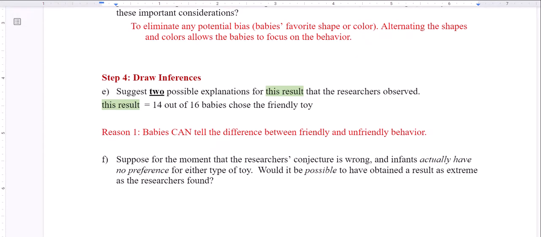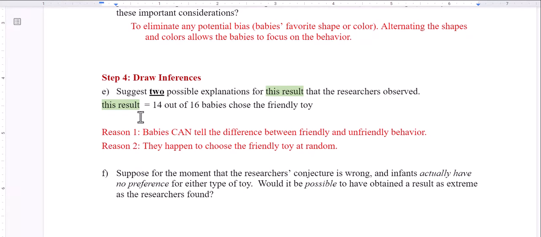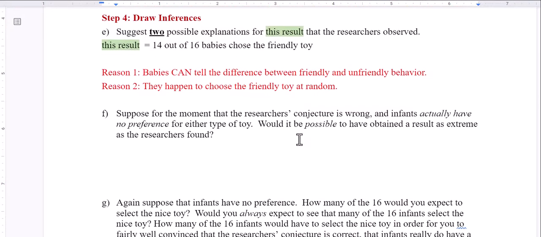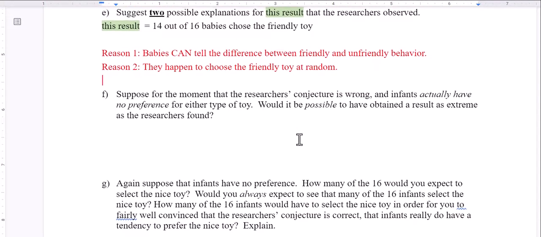What could be another reason that they are choosing the friendly toy? One of the things that could be happening is they're just guessing. So reason two, they happen to choose the friendly toy at random. They just pick a shape, not really based on whether it was friendly or not. So those could be the two reasons.